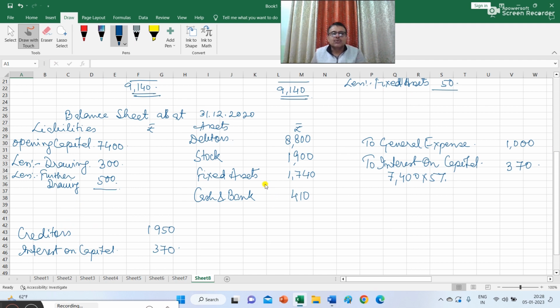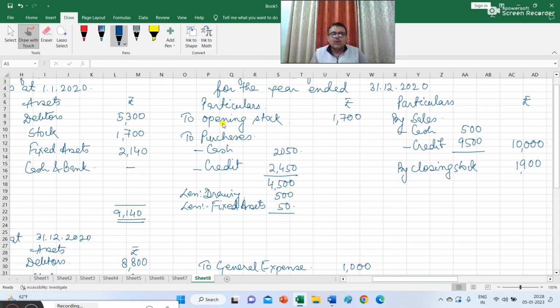Now it's time to close the trading account. So you can see I have recorded opening stock of 1,700, the closing stock of 1,900, total purchase is for rupees 3,950.